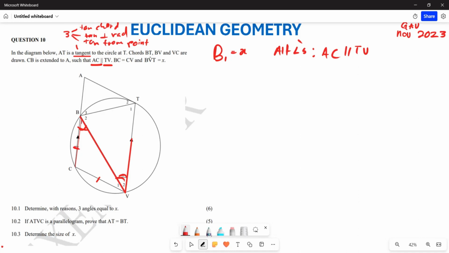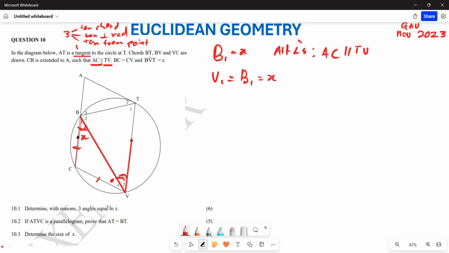Now the second thing that is going to be equal to X. Let's look at our angle V1. Remember that your CV and your CB are equal. These lines are equal, which means if this angle is X, your angle V1 is also equal to B1, and both of them are equal to X. Why?